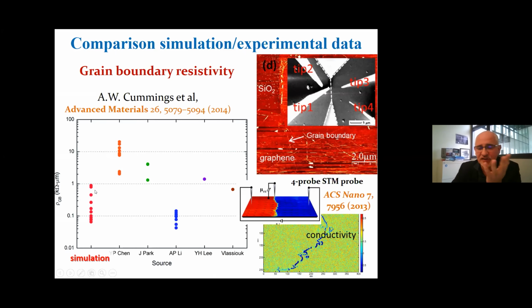So this is not only the contamination per se, but you see that here you have an experiment that is actually much better. This is a case where people use really ultra high vacuum and low temperature, and they look by this 4-point STM probe. They could really go and measure the grain boundary resistivity in a very controlled fashion, free from contamination. So the matching is quite remarkable.